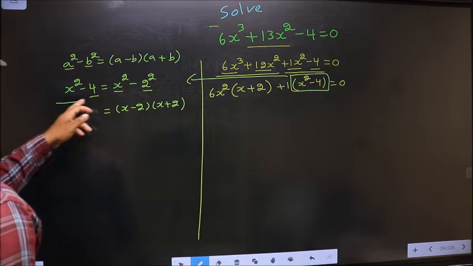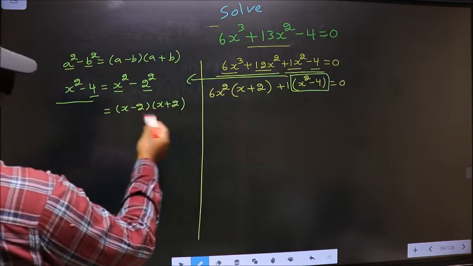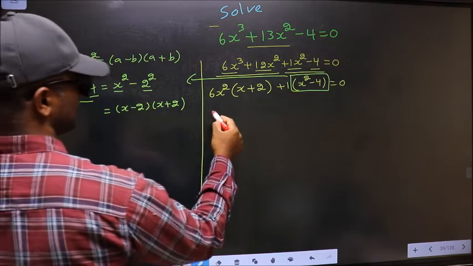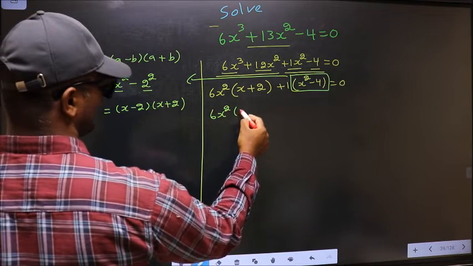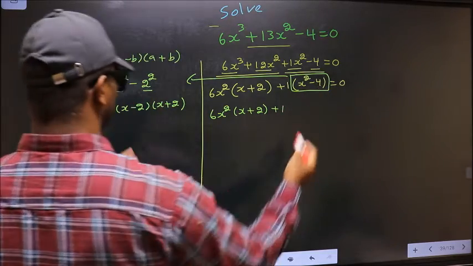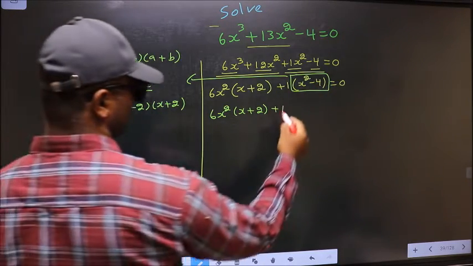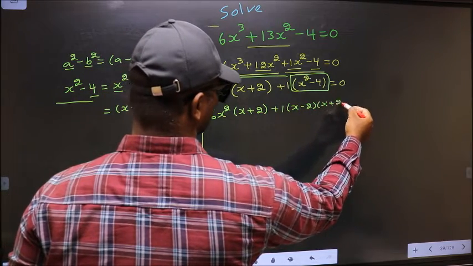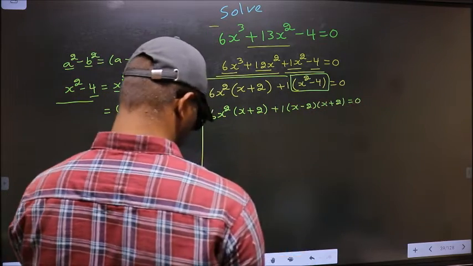Now in place of this quadratic we should write this over here. So this equation becomes 6x square times x plus 2 plus 1, in place of this 1, x minus 2 times x plus 2 equal to 0.